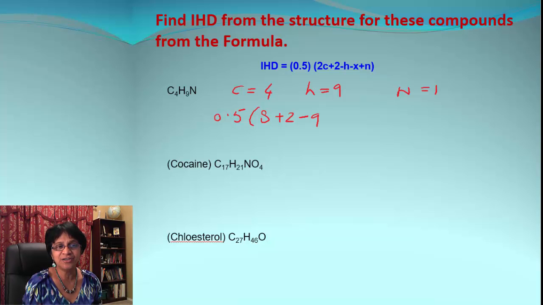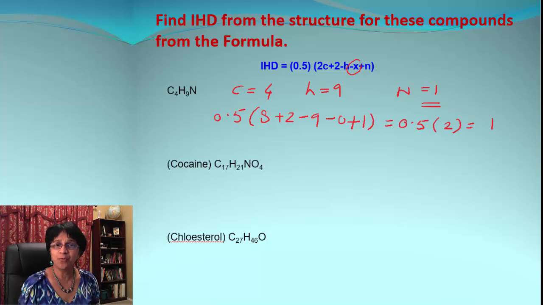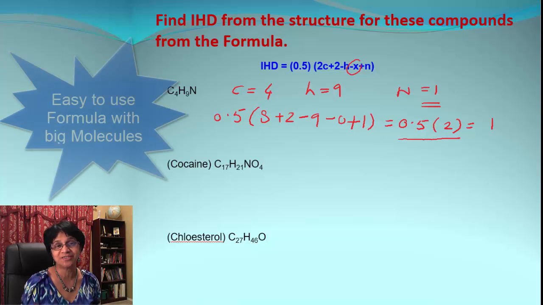And then I need to worry about the halogen atoms X, which I don't have. So that's minus 0. And I do have one nitrogen atom, so I'm going to add that, so it's plus 1. When we simplify it, we get 0.5 times 2 equals 1.